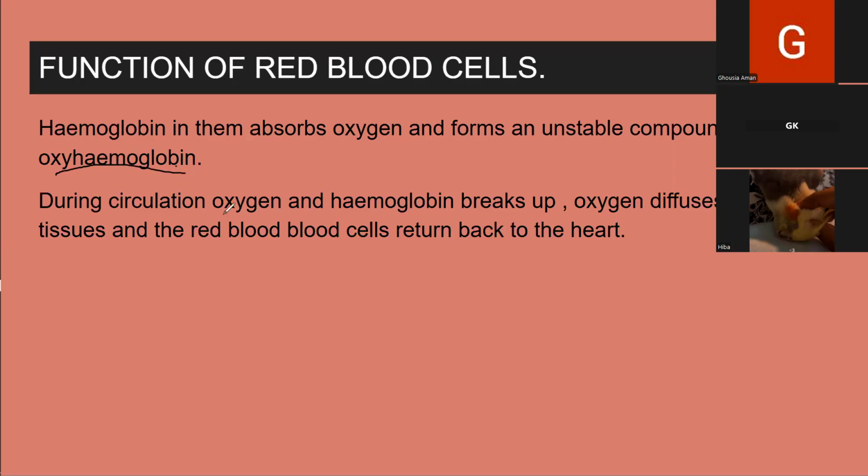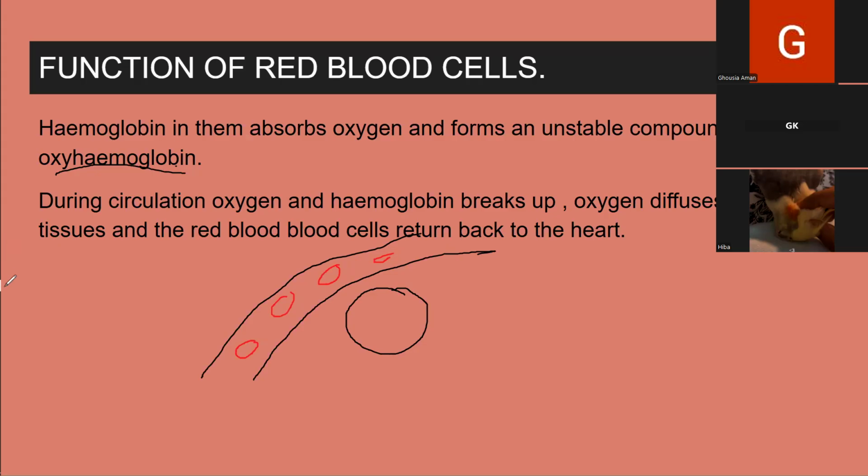So during blood circulation, for example, this is our cell. And this is the blood vessel which is passing just beside the cell. In this blood vessel, there are red blood cells like this. And what do they contain in them? They contain inside them oxyhemoglobin, because they are coming from the lungs after absorbing oxygen.